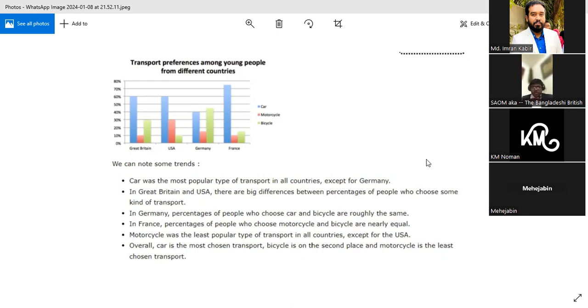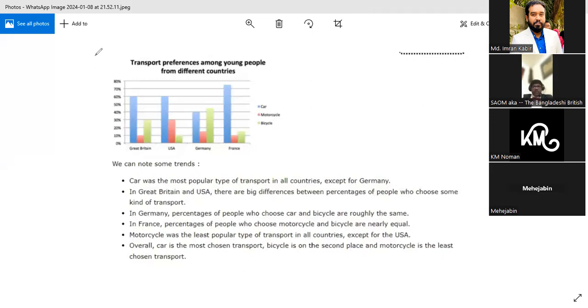There are three colors on the right side: cars are blue, motorcycles or motorbikes are red, and green refers to bicycles. There are percentages in the graph which describe how much percent of people prefer these vehicles in that country. That's the main concept of the graph.